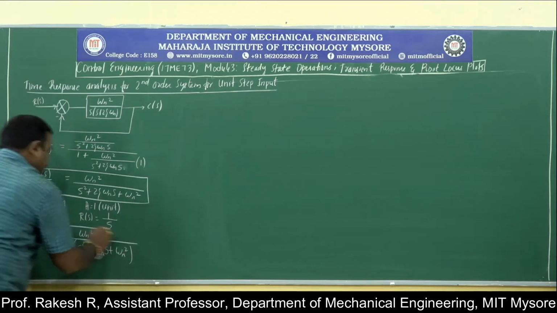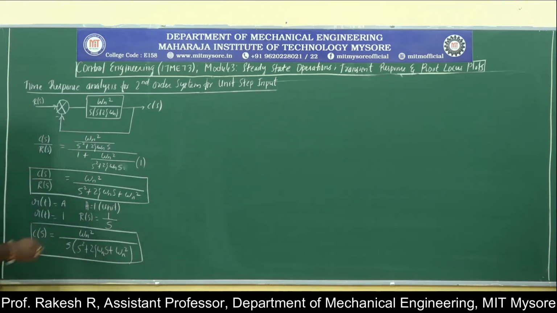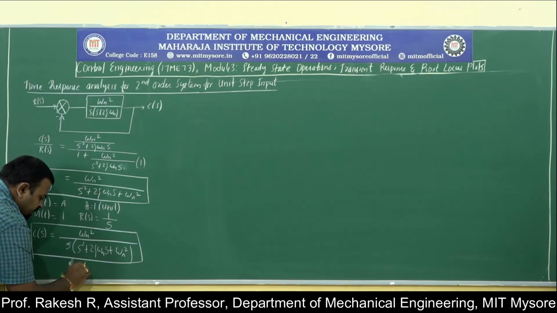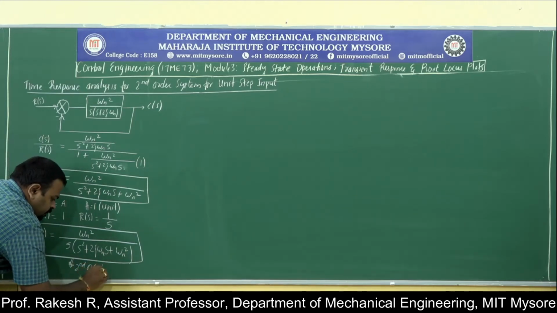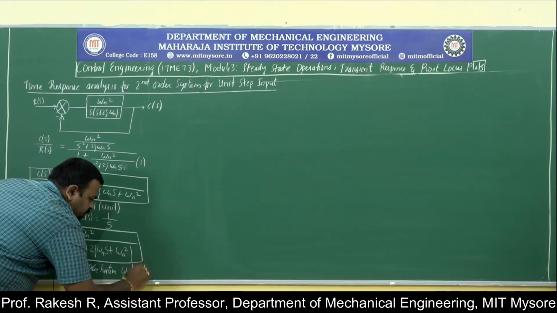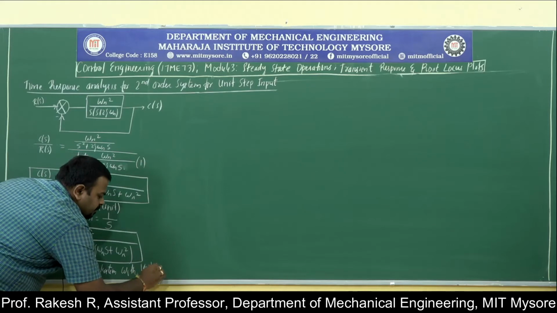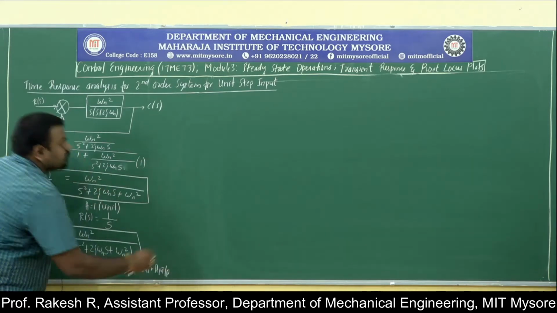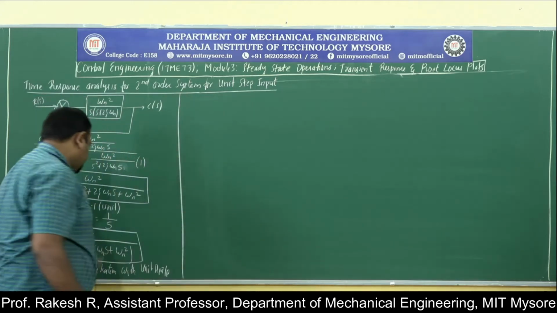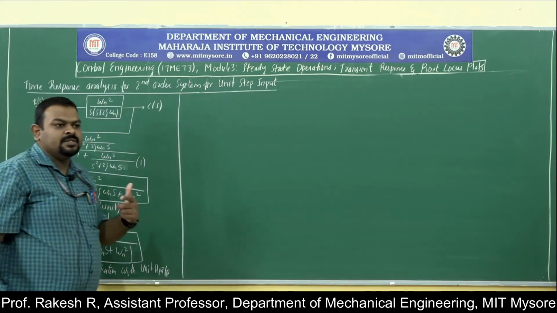So, this is the controlled output signal C of S for a second order system with unit step input.